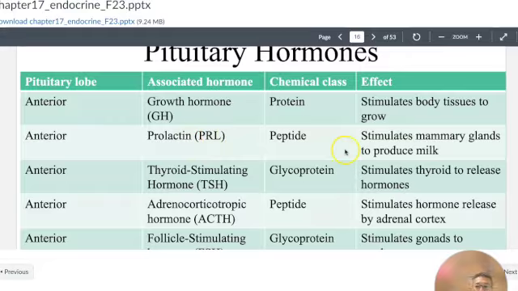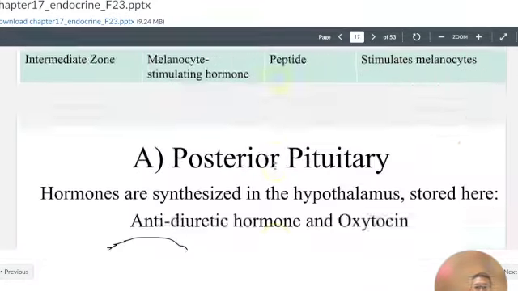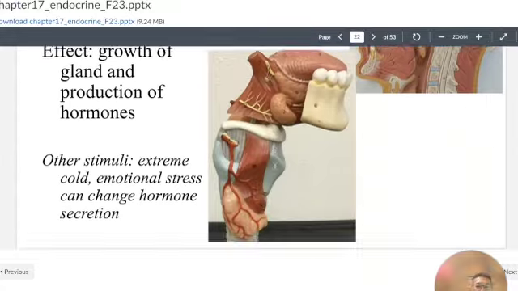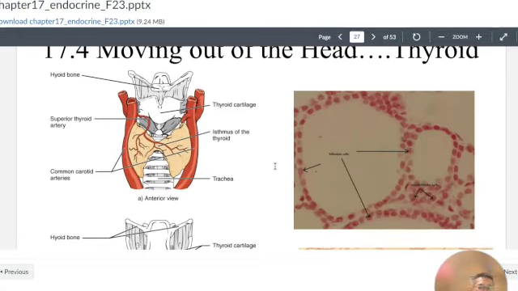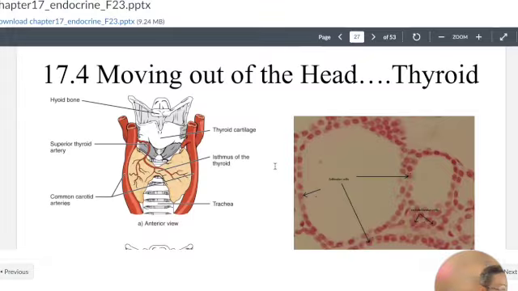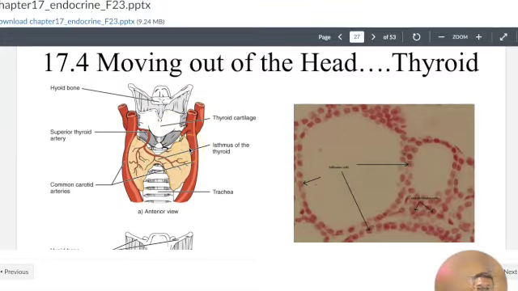Prolactin, we just saw, is for milk production, and growth hormone is for the body to grow. So those are the primary hormones we're going to study in this chapter. Now we're going to study each one deeper.